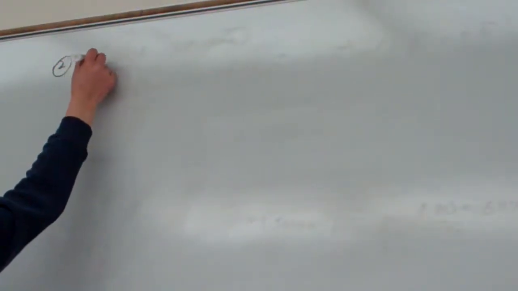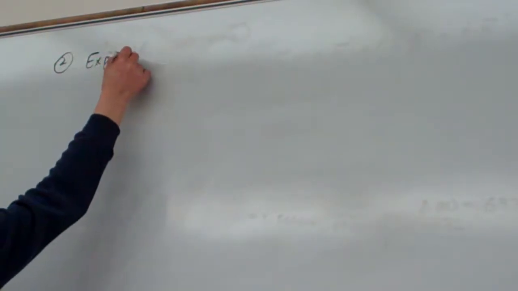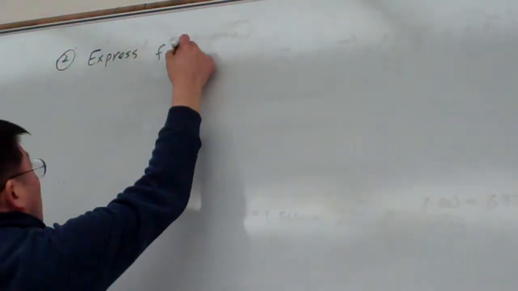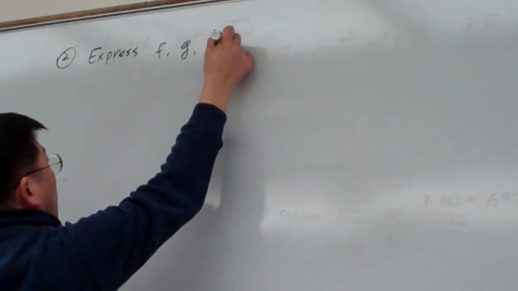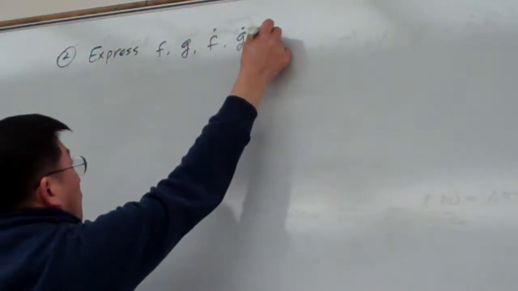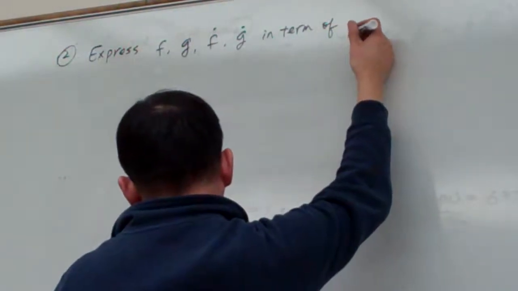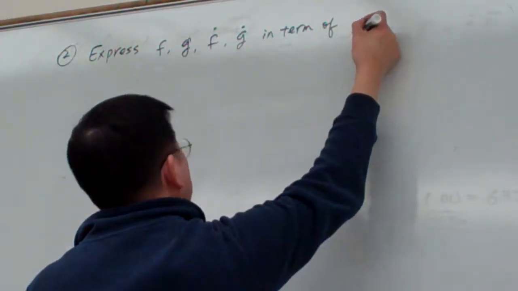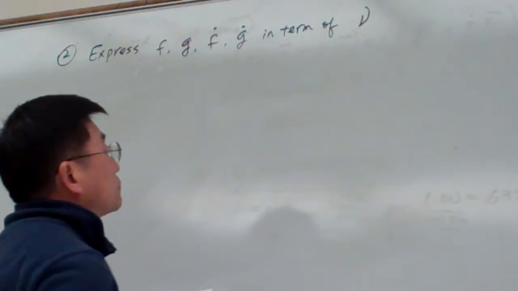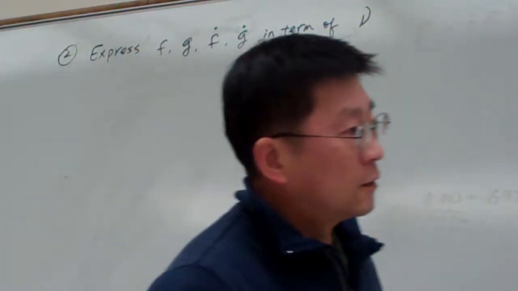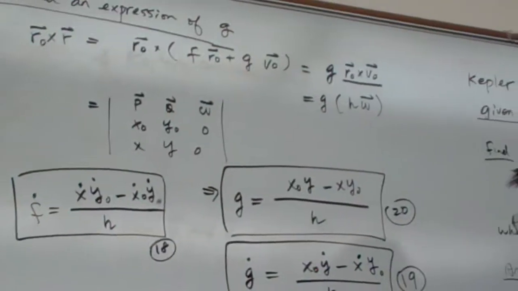So the subsections. Okay, so basically here, let me say using the true anomaly here.